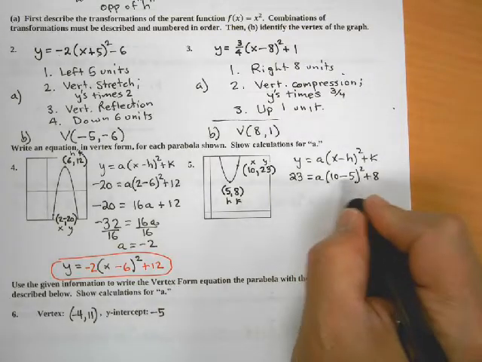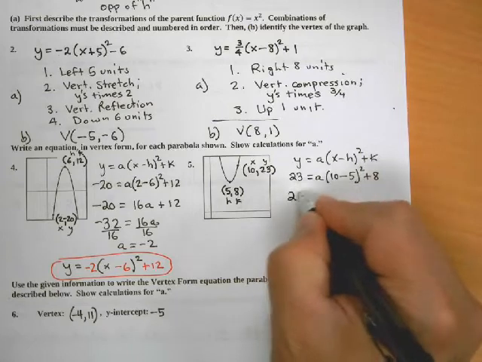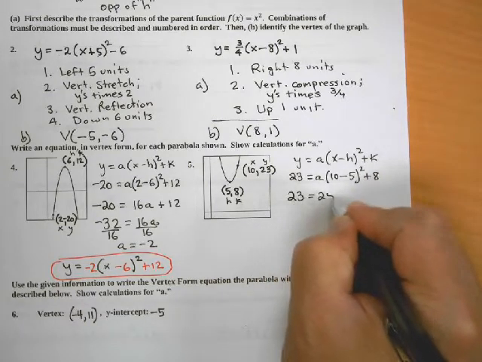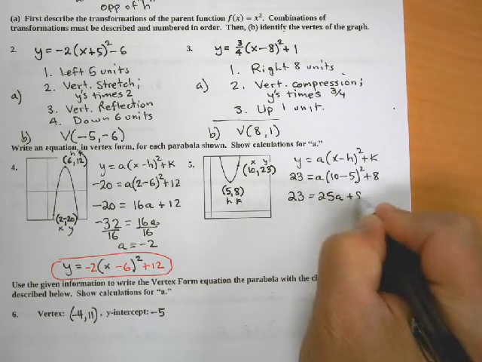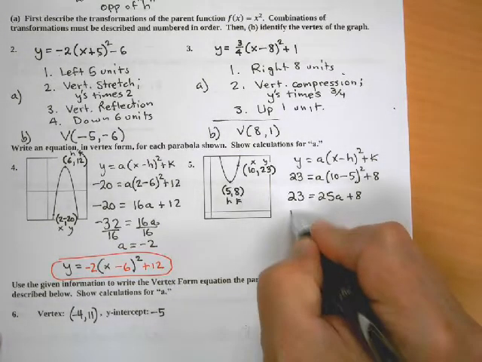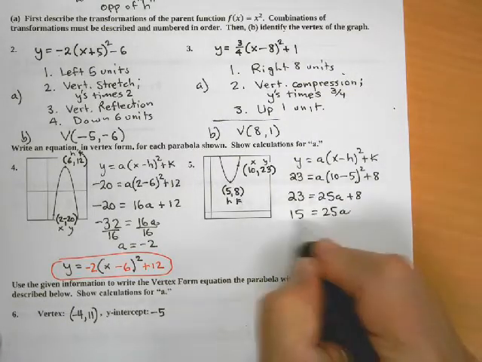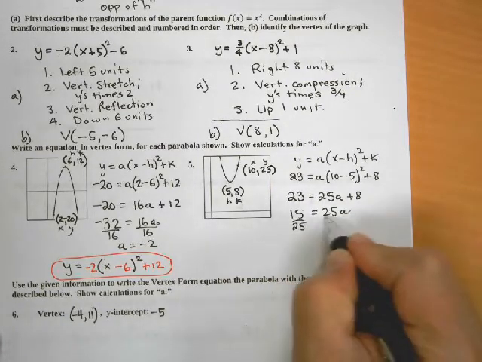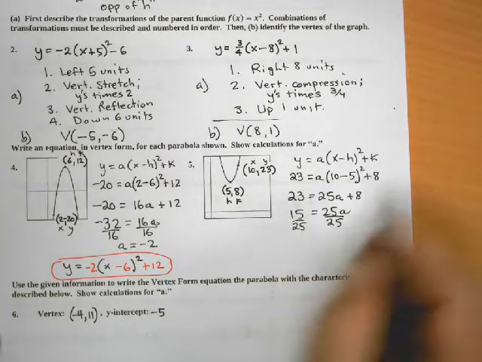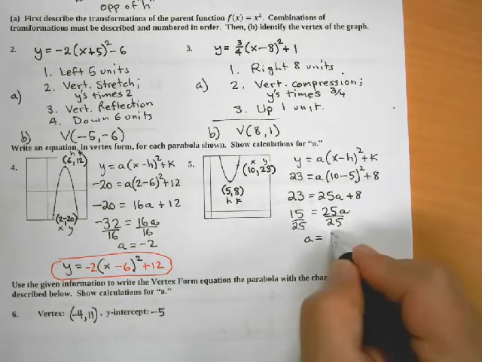When you simplify 10 minus 5 squared, you get 25. And we're going to subtract 8 off both sides and divide by 25. So that tells me a is equal to, dividing by 5 here, 3/5.